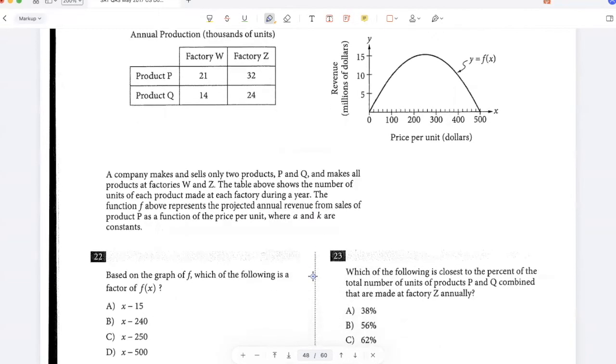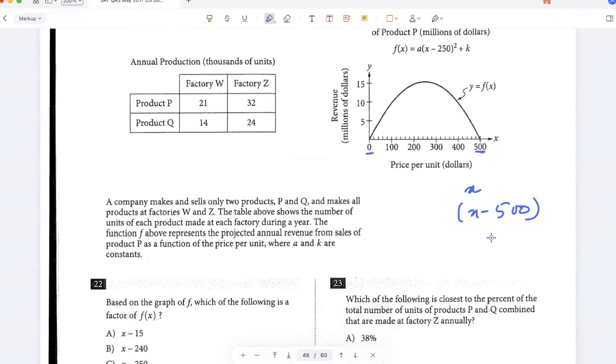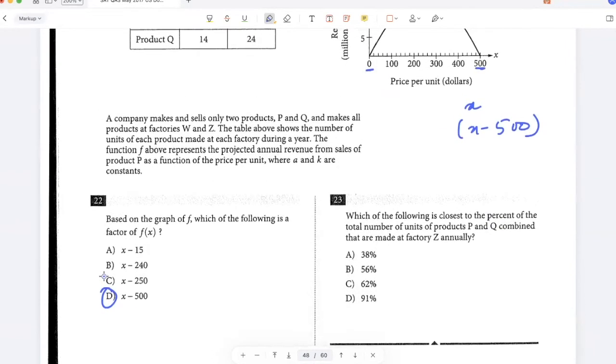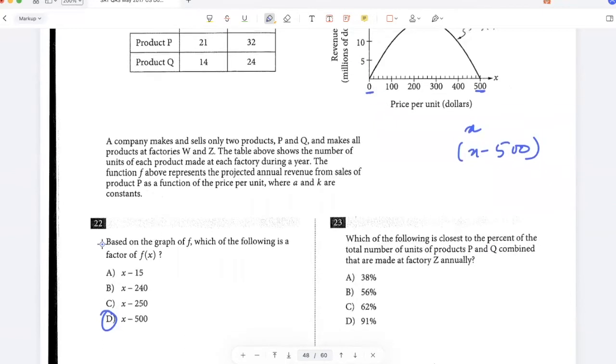Okay. Based on the graph of the function, which of the following is a factor of f(x)? Okay, so the x-intercepts are 0 and 500. So x and x minus 500 would be factors of this function. So D, yeah.